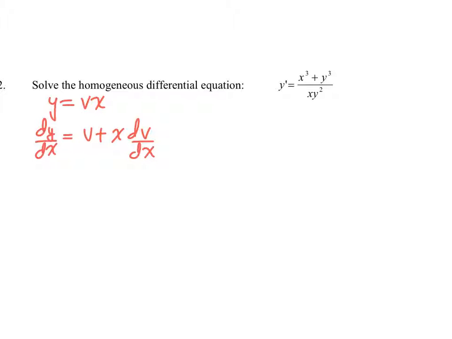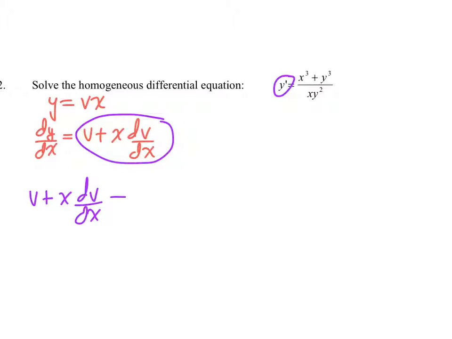All right, so I can swap out the y prime for all of this. So v plus x dv dx would be equal to, and then I could replace all my y's with vx's.